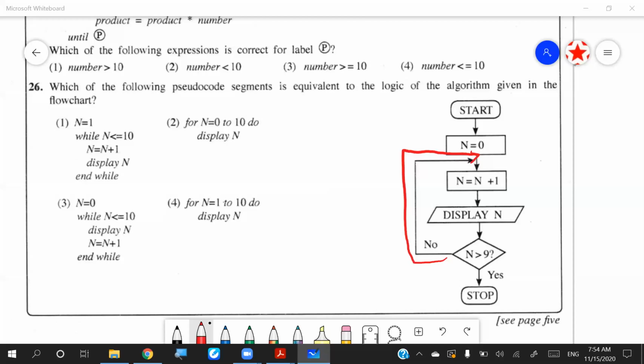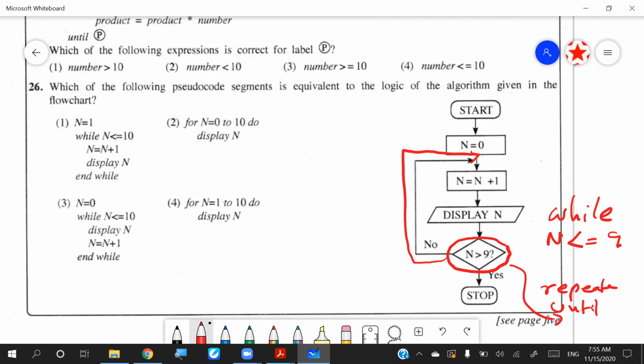So if this is iterating on the no path, you have to remember that when you are matching it to Pascal or pseudocode, you have to consider the opposite of this particular condition. If you are using a structure like while, the condition is going to be n less than or equal to 9, and for repeat until, you can have the same condition.